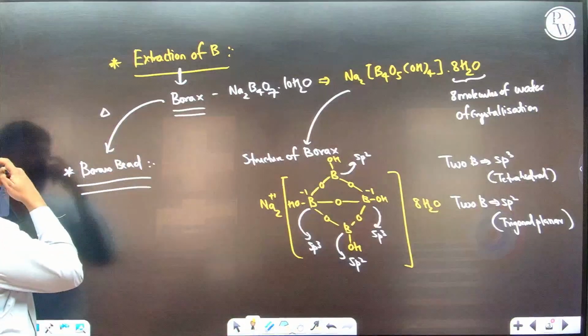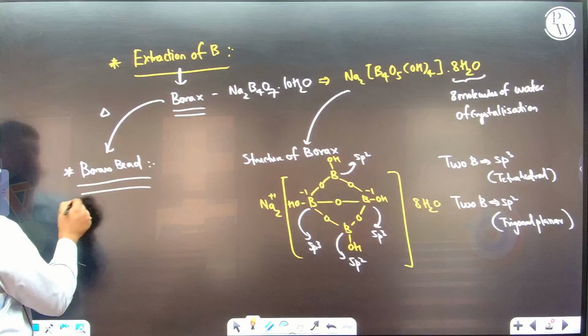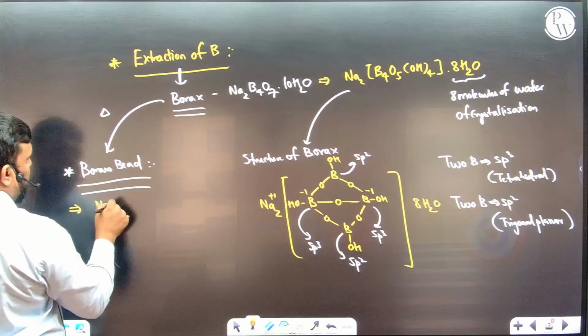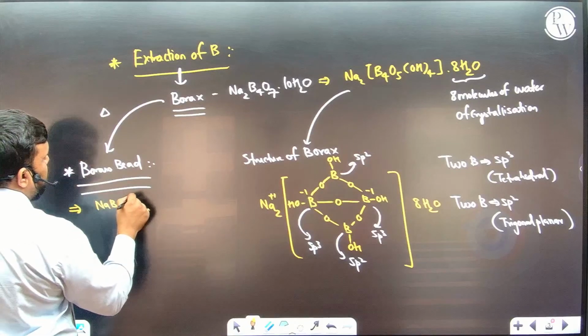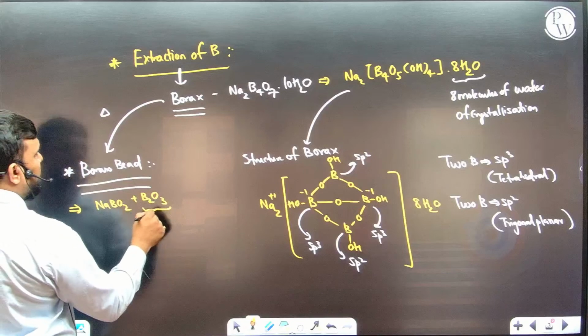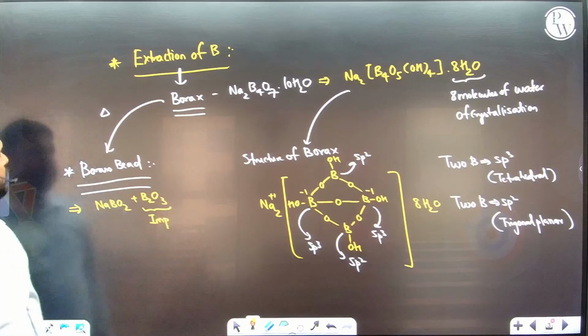So what is this borax bead? Let us see the formula. The borax bead formula will be NaBO2 plus B2O3. But the important part over here is this B2O3.